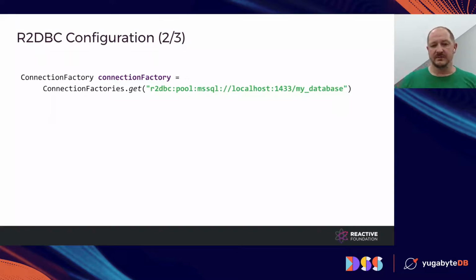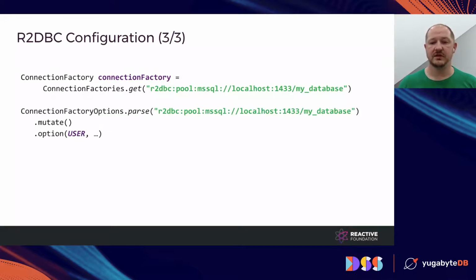If you look closely, one thing is missing here, which is the authentication aspect. And authentication information and plaintext URLs don't play well together. So what we thought would be nice is if you could hand in the connection URL to a parser that gives you programmatic access to what has been parsed.